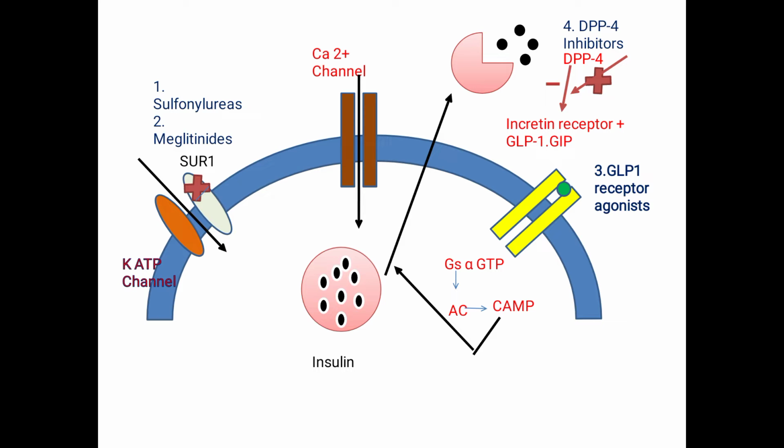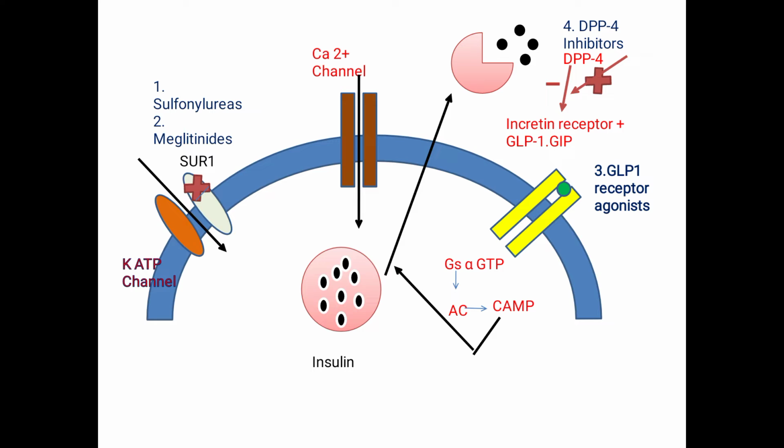Sulfonylureas and the second category, meglitinides, are going to block one unit called the SUR1 unit, which is present in the potassium sensitive ATP channel. Once this subunit is blocked, the entire potassium channel will be blocked. When the potassium channel is blocked, depolarization of the cell is going to take place, right?